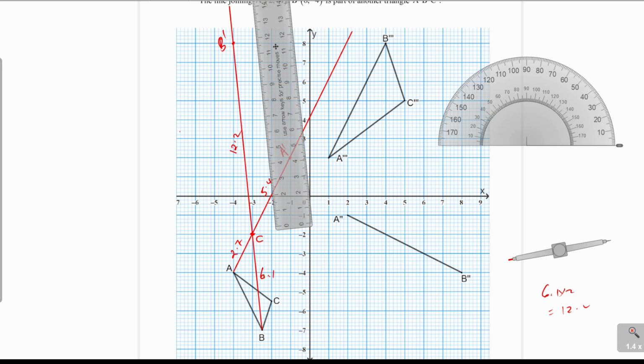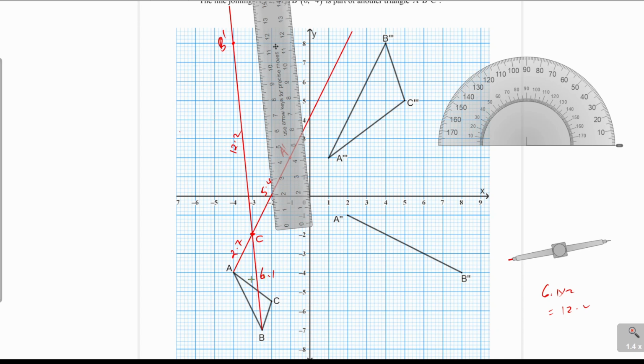So for C, do the same. Join C to the center of enlargement. You need to be very keen when you're joining. Use a ruler to do this. Then measure the distance. Let me do this one again.